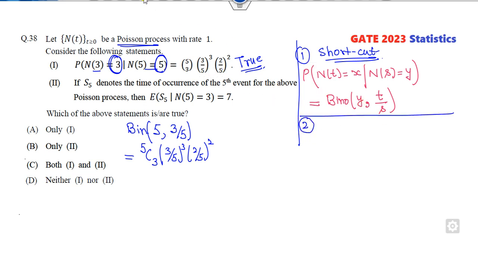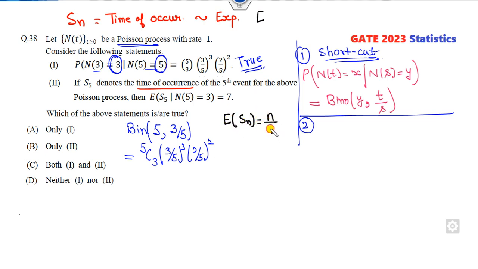Second shortcut trick for the second part. What is given to you? The time of the occurrence. Firstly, the time of the occurrence, say Sn, at the nth event always follows the exponential distribution. Fine. And the expected value of this Sn is n over lambda. Whatever the n, if I say S5, it is 5 over lambda.